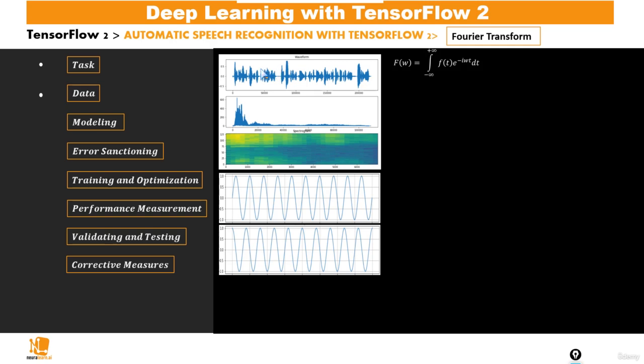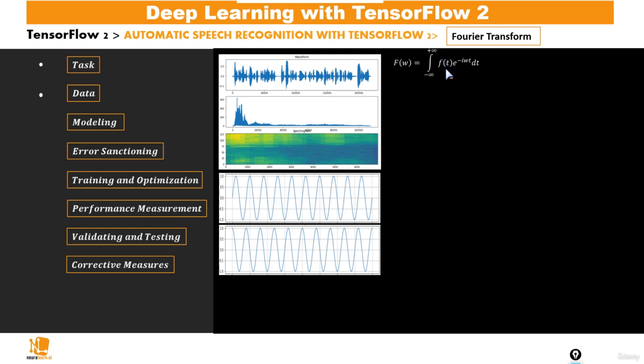So we get back to our audio signal, which is our f of t right here, and we want to obtain the Fourier transform of this signal. Recall that data representation is very important, and we shall see the importance of the Fourier transform shortly. For now, let's take this definition.